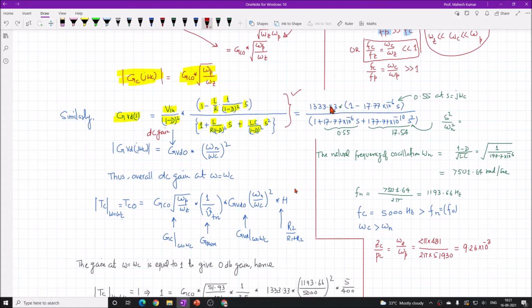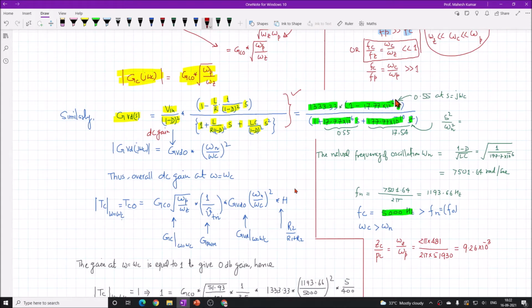This is the constant term into 1 minus this coefficient into s, and 1 plus this coefficient into s, and this coefficient into s square. If we substitute the value of s as j omega c, omega c you already know, 2 pi into 5 kilohertz, then you will find the relative magnitudes of these terms is like this.